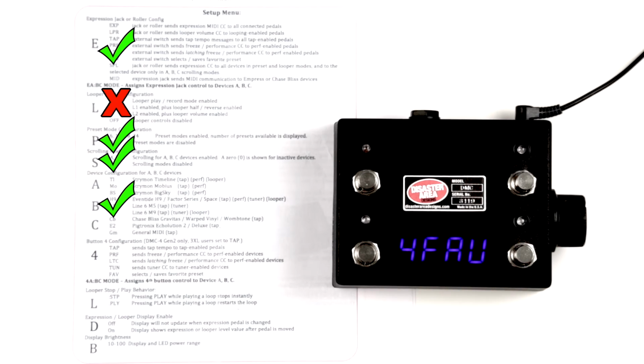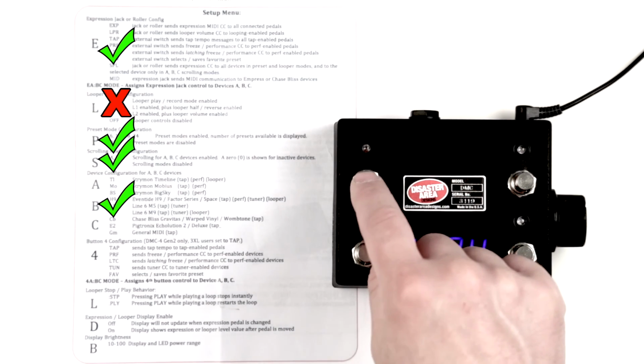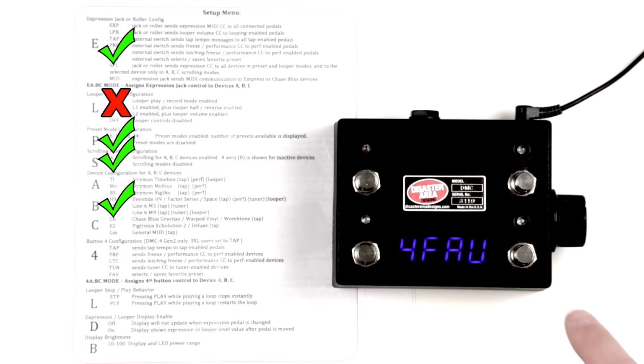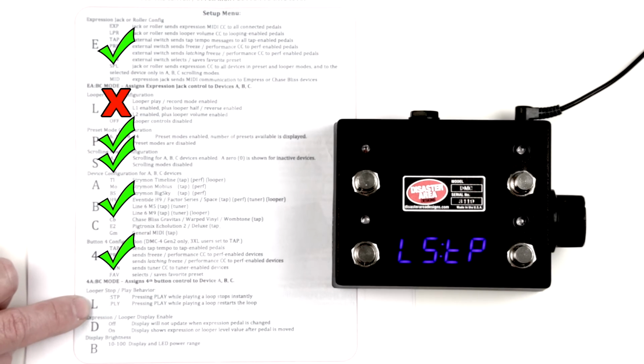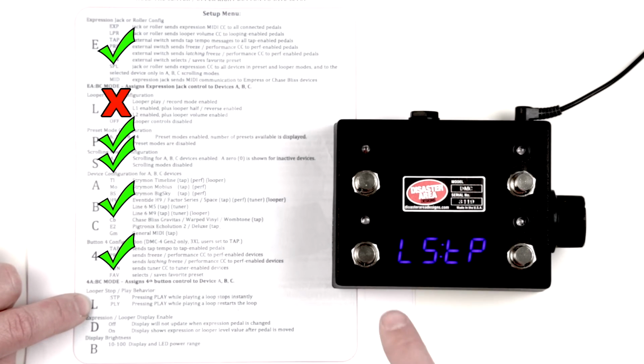You can save a favorite preset of yours and access it anytime throughout your performance by pressing button 4. Moving down the list, L is looper stop and play behavior. We don't have to worry about that.